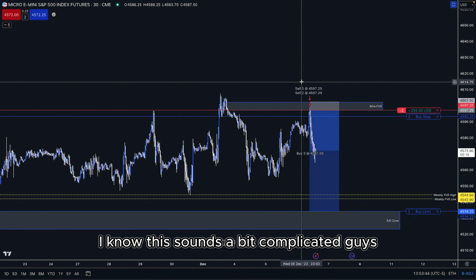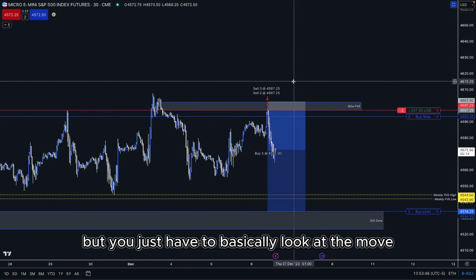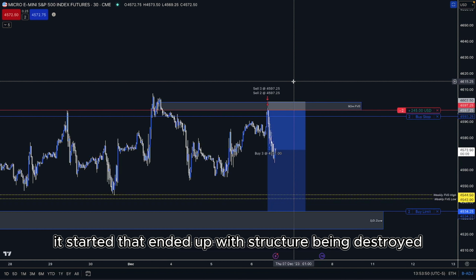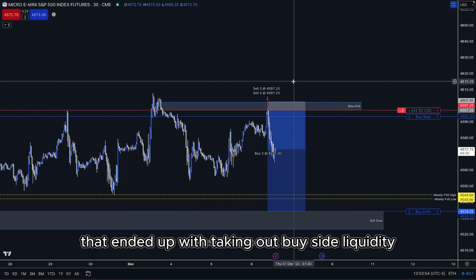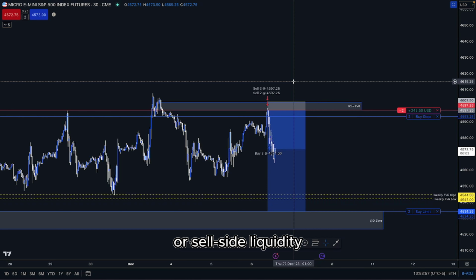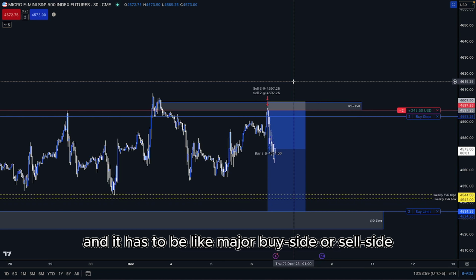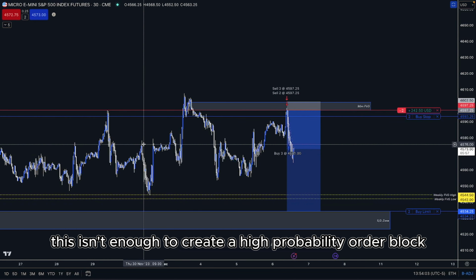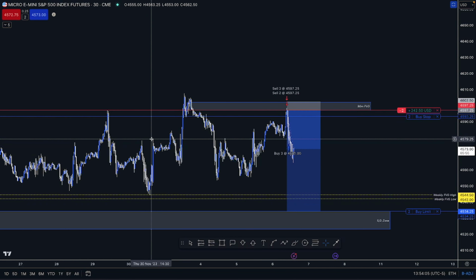I know this sounds a bit complicated, guys, but you just have to basically look at the move that ended up with structure being destroyed, that ended up with taking out buy side liquidity or sell side liquidity, and it has to be like major buy side or sell side. So for example, this isn't enough to create a high probability order block, right?